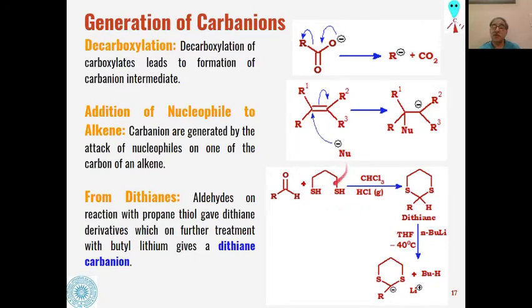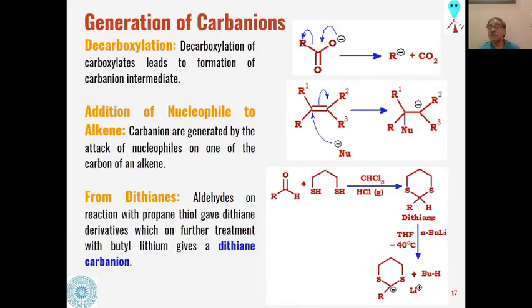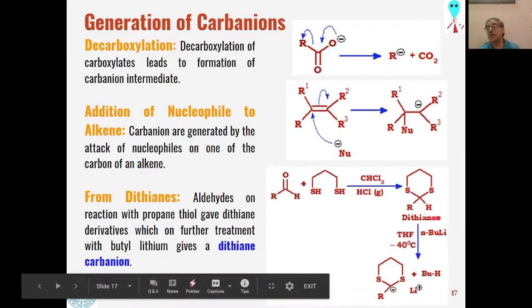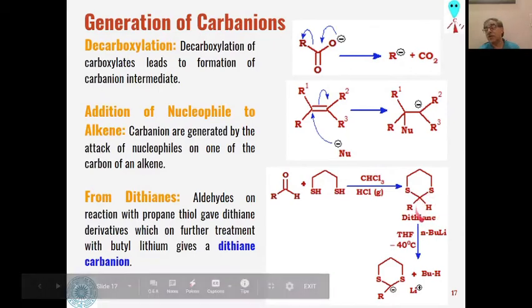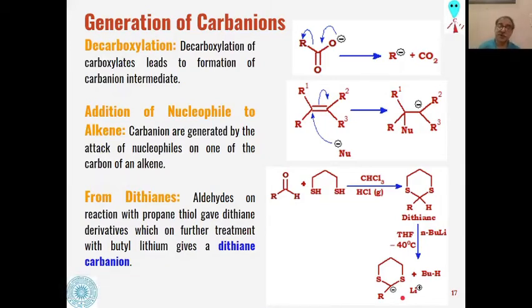On reaction with aldehydes, we will get these types of cyclic structures which are dithianes, and because of the presence of these sulfur groups, these can react with butyl lithium or strong base, and this hydrogen can be abstracted to give us these types of carbanions, and these carbanions can be used for the synthesis of a variety of organic functional group transformations.